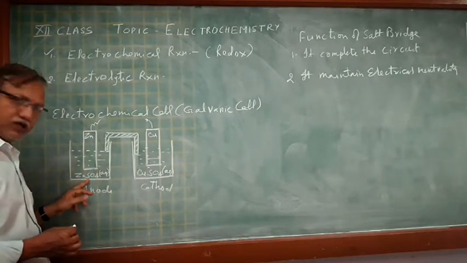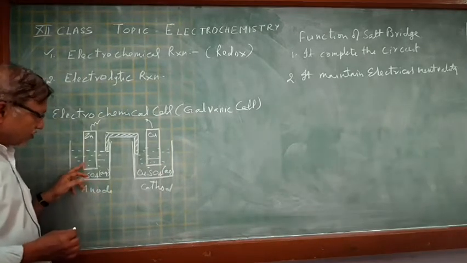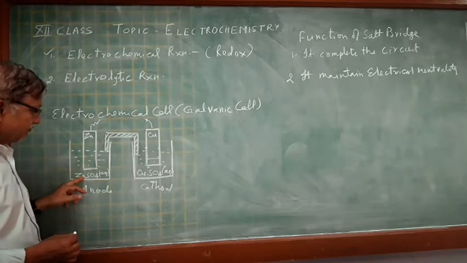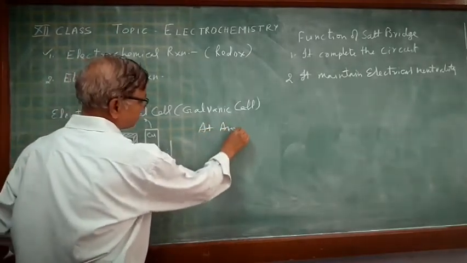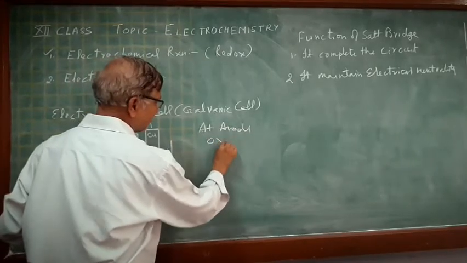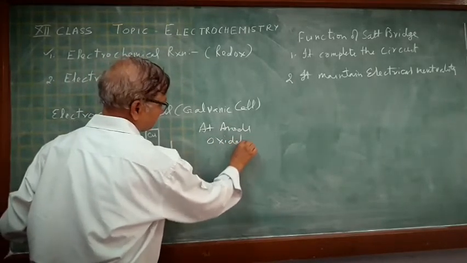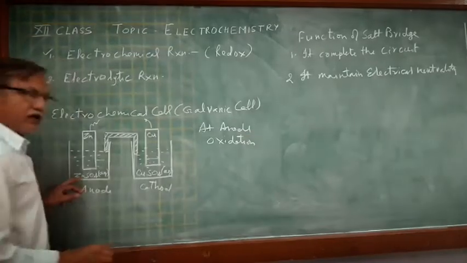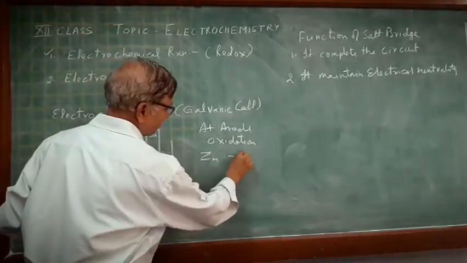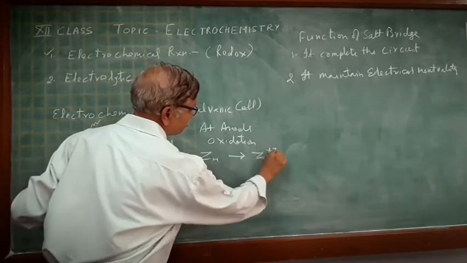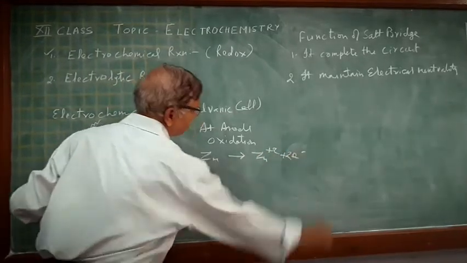In the case of the anode, a zinc rod is dipped in zinc sulfate solution. So at the anode, oxidation takes place. In this oxidation, a zinc atom oxidizes into a zinc ion by losing 2 electrons.